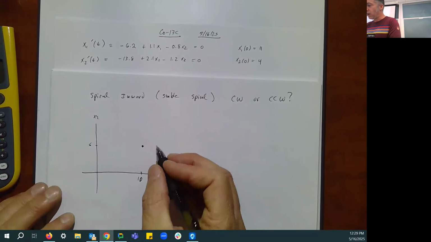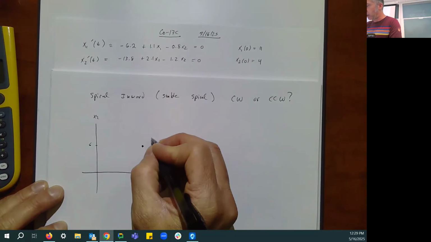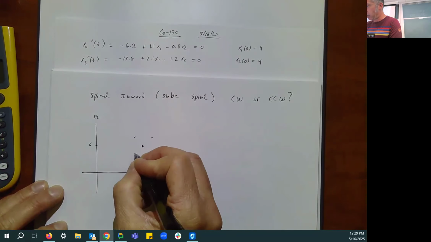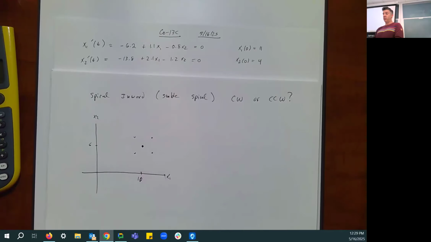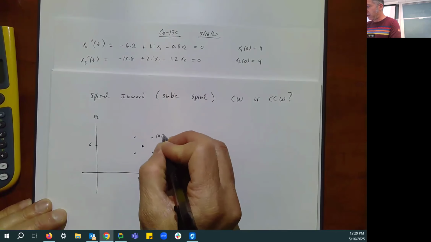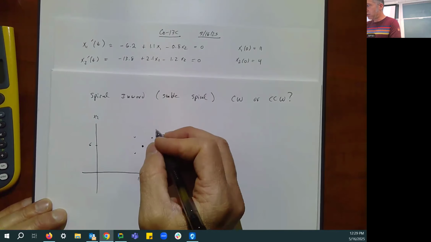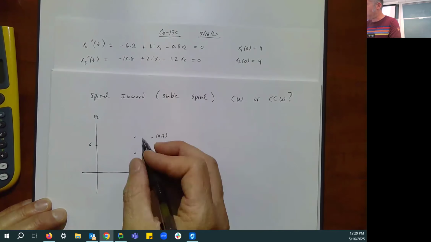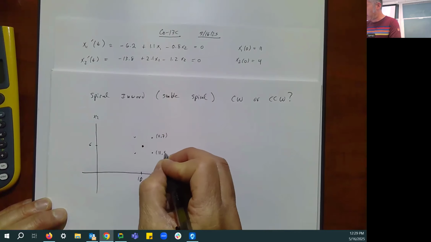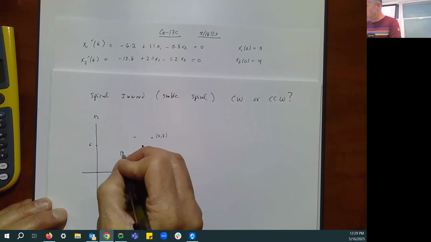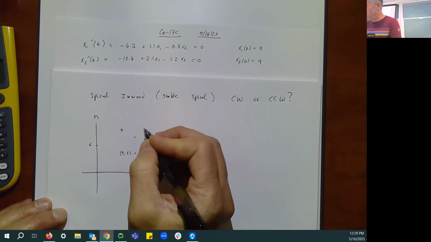I usually like to pick points here, here, here, and here around it. So the points I'm going to plug in, which is going to be kind of a pain, are 11 comma 7, 11 comma 5, 9 comma 5, and 9 comma 7.